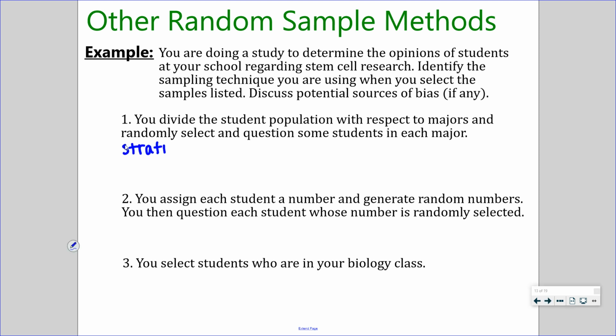We group them together according to a similar characteristic. That's our strata. And then since we randomly selected from each strata, that's our stratified sample. Since this is a random sample, there'd be low bias.